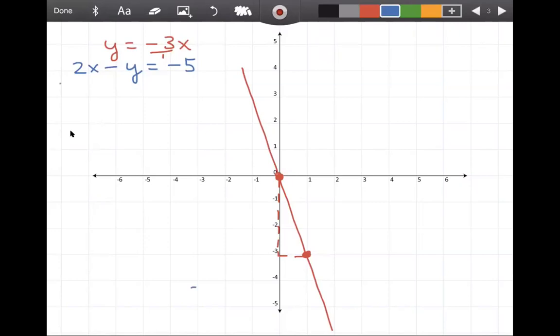I will do that by subtracting 2x from both sides, which gives me -y equals -2x minus 5. And then I need that negative sign off the y, so I'll divide everybody by -1, and that will give me y equals 2x plus 5. So the y-intercept is 5, (0, 5).